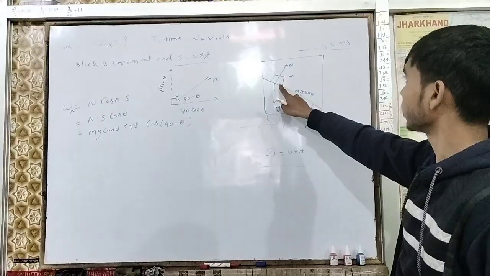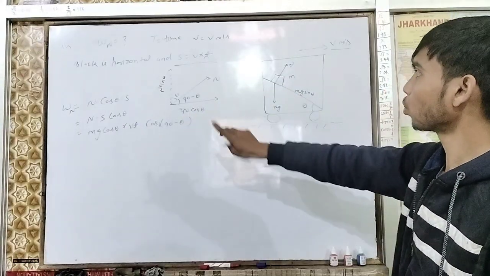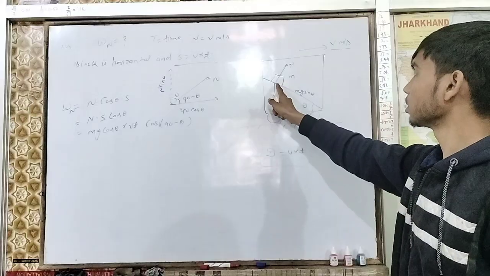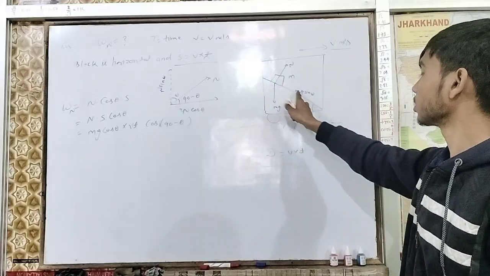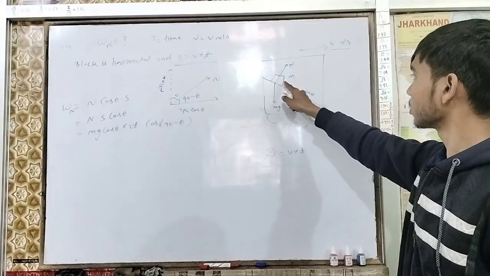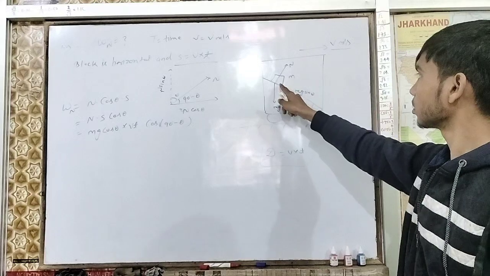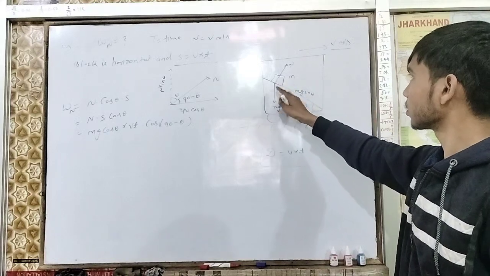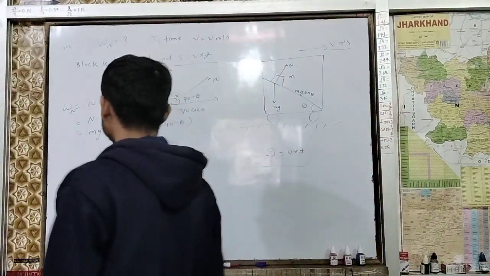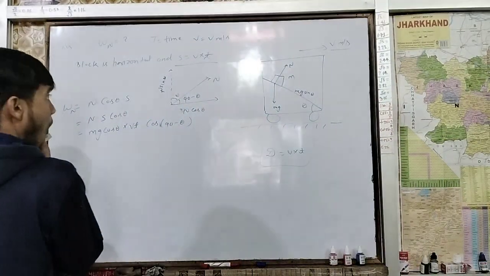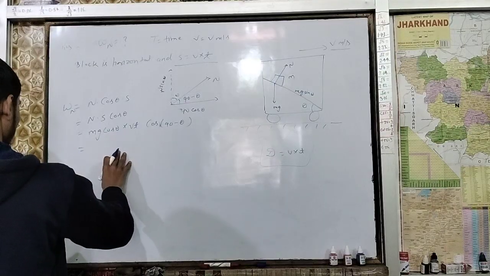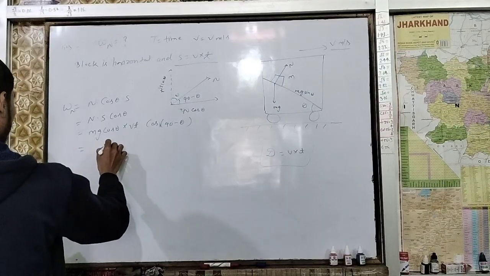Here you know that N is equal to mg cos theta. Simplify this.